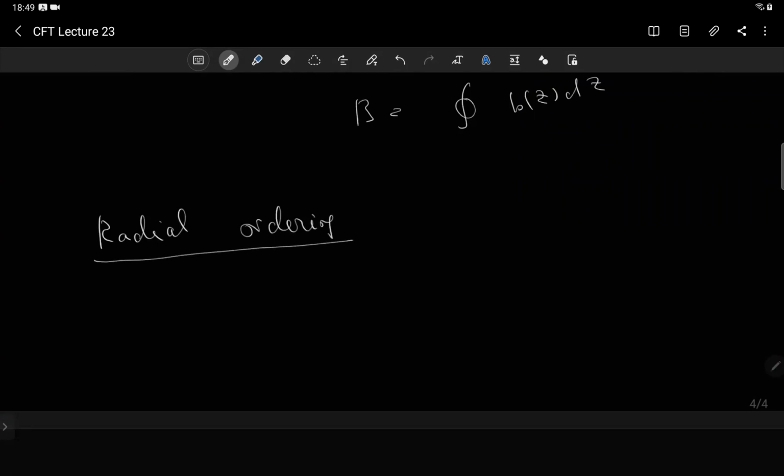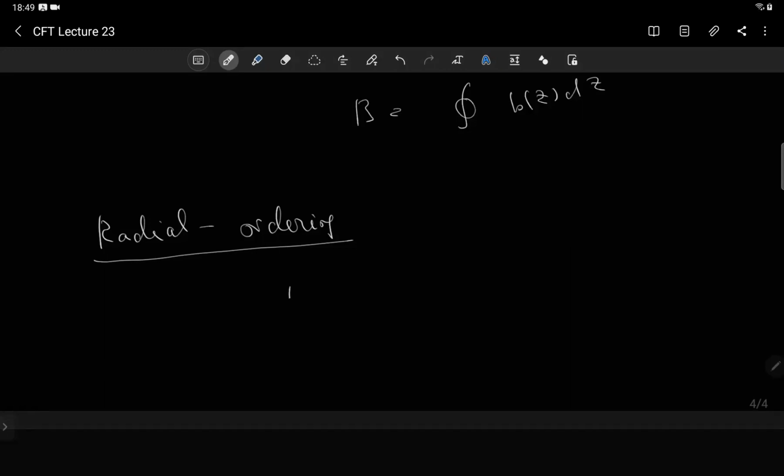Because finally we will go to the Lorentzian case, where we are always interested in time-ordered theories. So in the Euclidean case also we look at ordered operators.